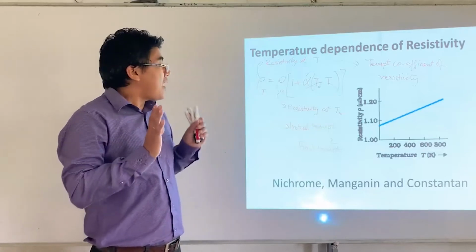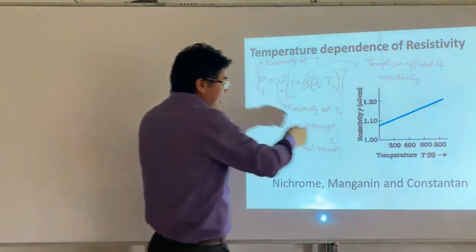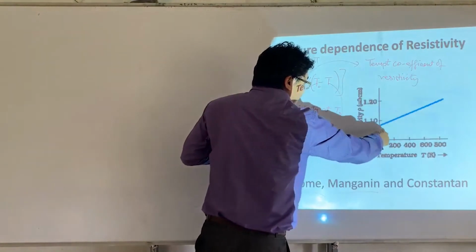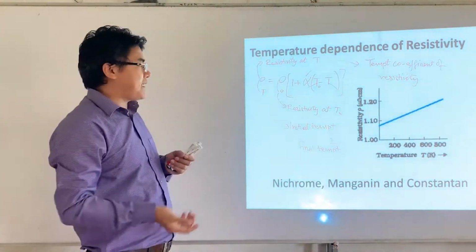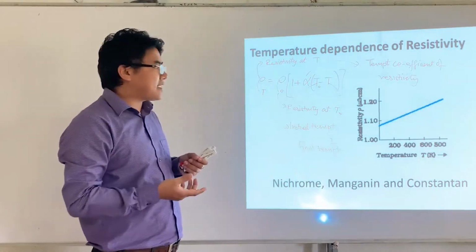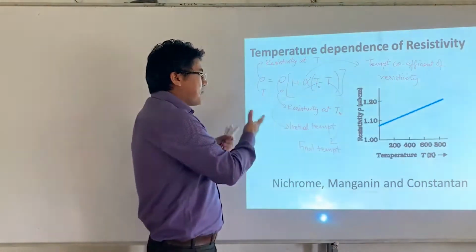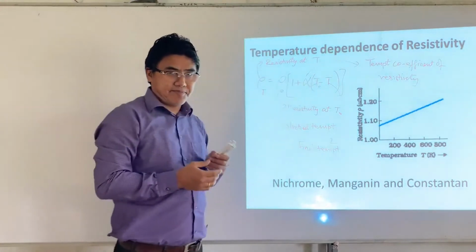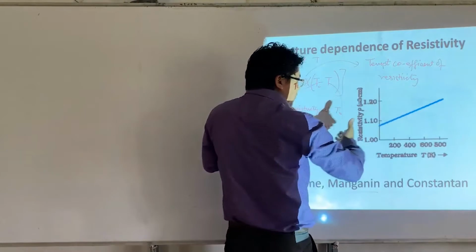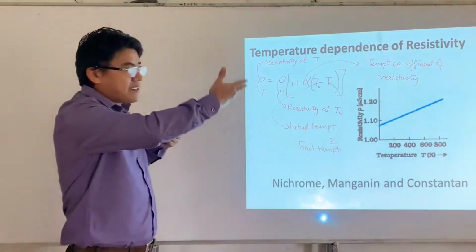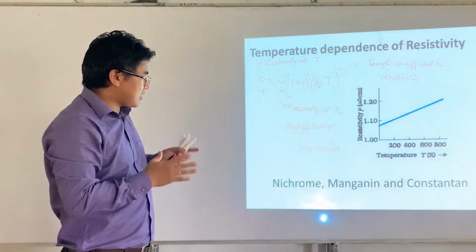And moreover, look at here, I've drawn a graph. For lower temperatures, the temperature dependence is not linear. So I have shown you just the range where the dependence is linear.